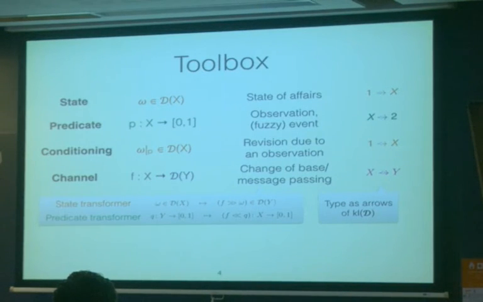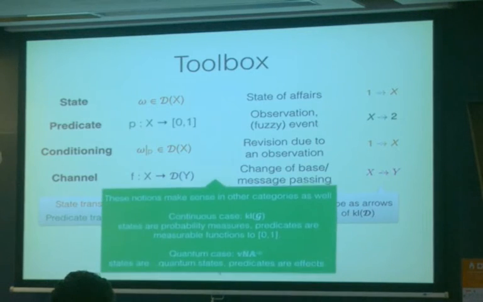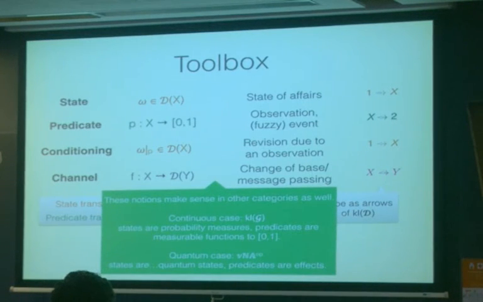Before moving to that, let me just give you a glimpse of the more general picture. So the payoff for reasoning with categorical semantics is that we can try to transfer the same notions to other categories. And the good news is that this works fairly well.